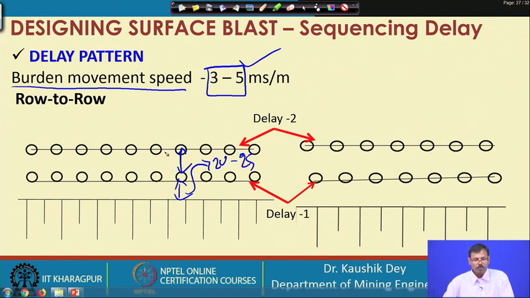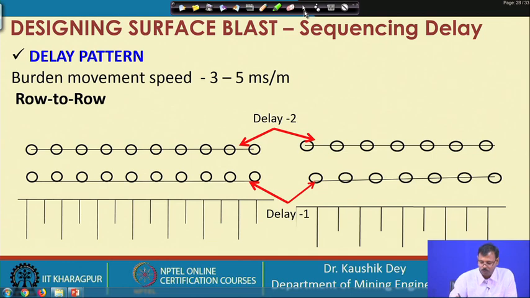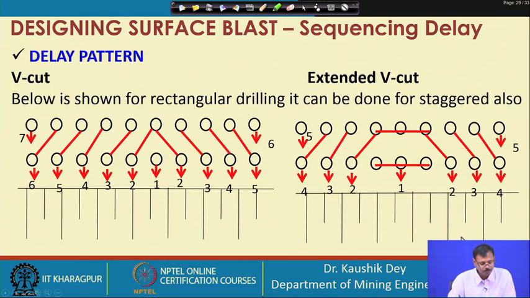It is essentially wished that the rock pertaining to the first row must be in the air, not on the ground, at the time of blasting of the second row, so that it will act as a curtain to the rock being fractured by the second row of holes. So, this is the guideline more or less to be followed for row to row blasting.